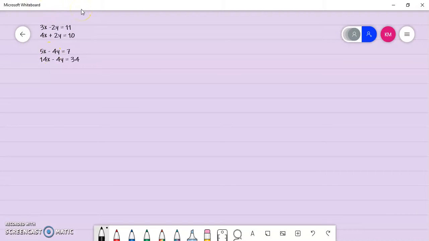So I'm going to label my equations equation 1, and my second one here is equation 2. So I rewrote it on the side to do my working.